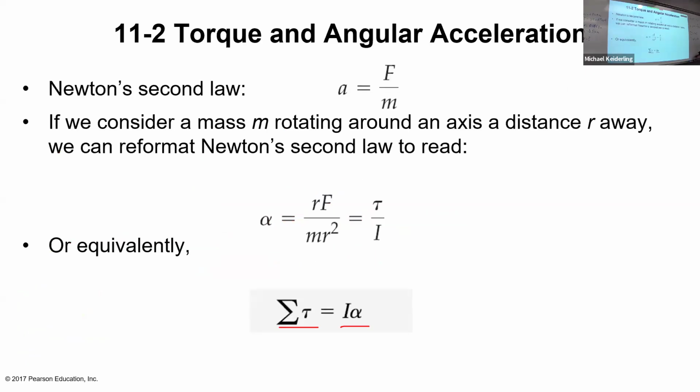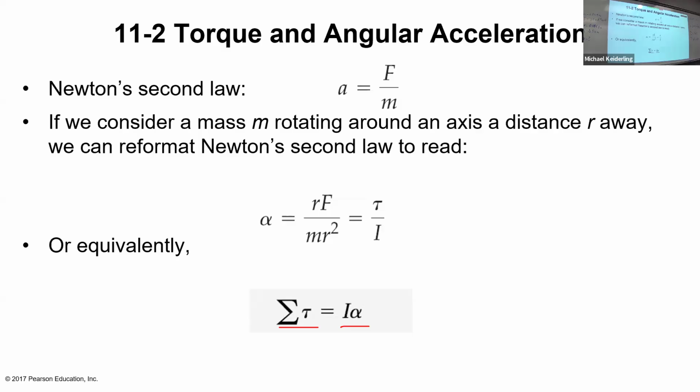Now, torque is the equivalent of force for rotation. With a little bit of algebra, we can go from acceleration equals force over mass to alpha equals torque over I, torque over moment of inertia, because alpha is acceleration over radius.